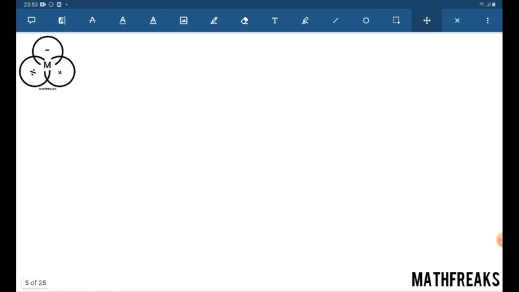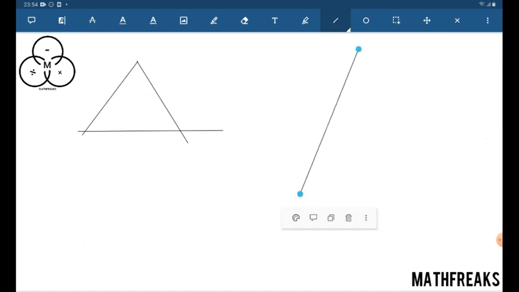Now another interesting thing for triangles: angles in an equilateral triangle and angles in an isosceles triangle.